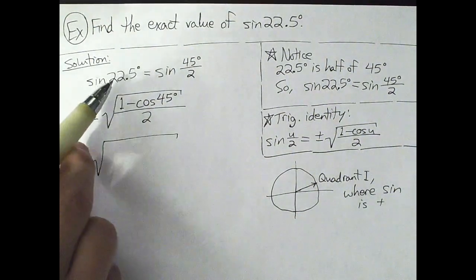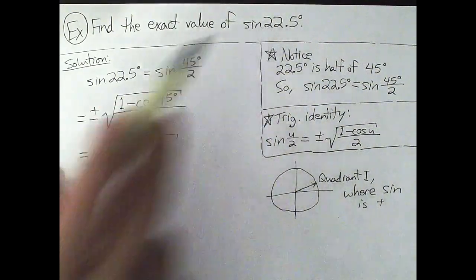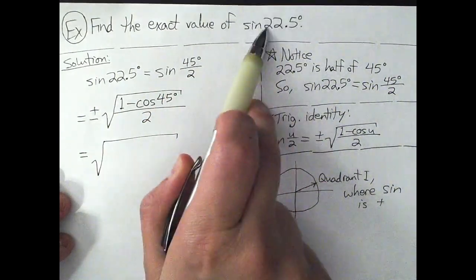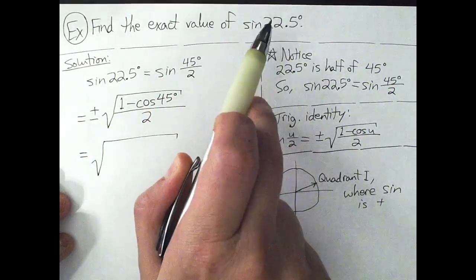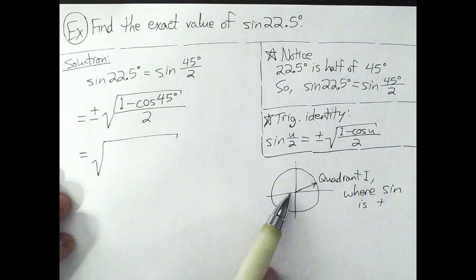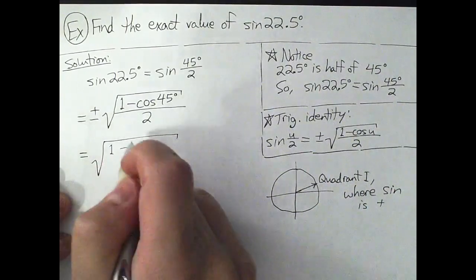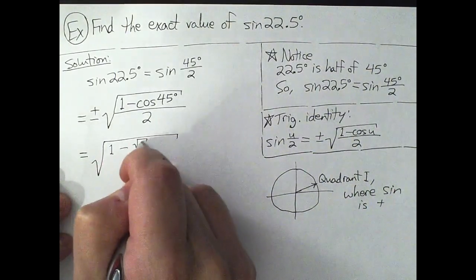You do that based on the angle that you're taking sine of. I look at this and I say sine of 22.5 degrees has to be a positive number. My answer has to be positive because of this picture. Okay. 1 minus, what's cosine of 45 degrees? We know that. Square root of 2 over 2.